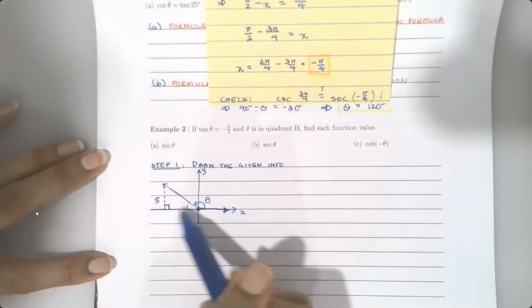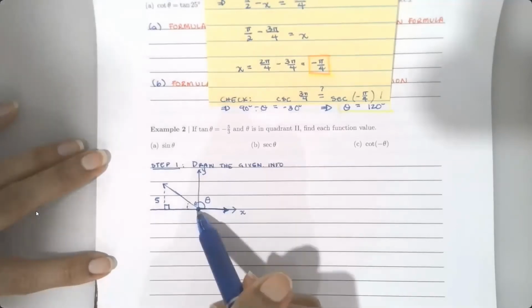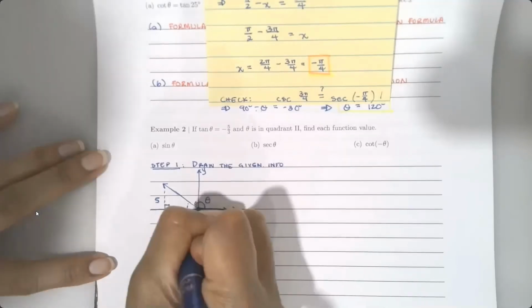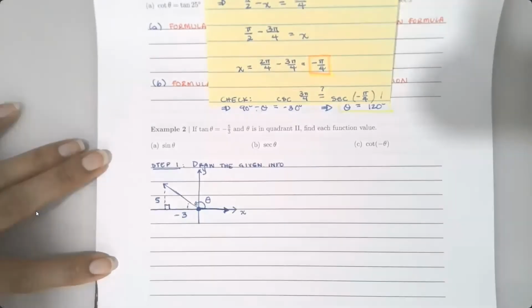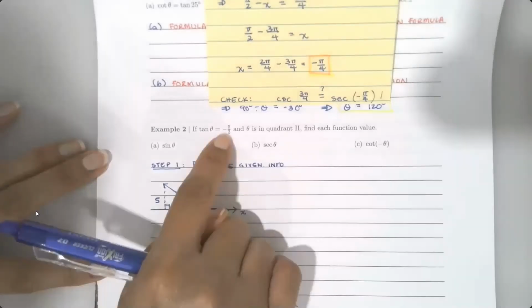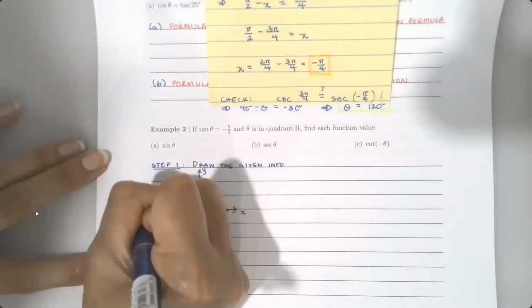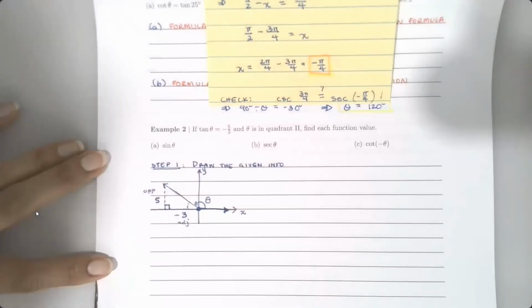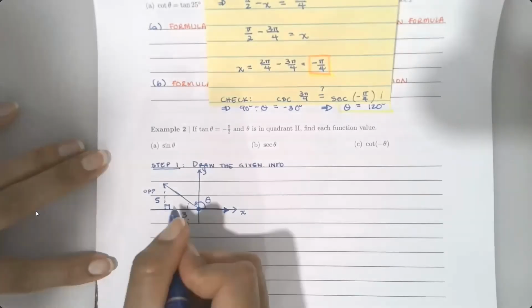That's in contrast to the adjacent side. The adjacent side goes in the negative x direction, so that one has to be the negative 3. So this 5 and negative 3 we're getting from the opposite over the adjacent for tangent. The hypotenuse we can find by performing the Pythagorean theorem.